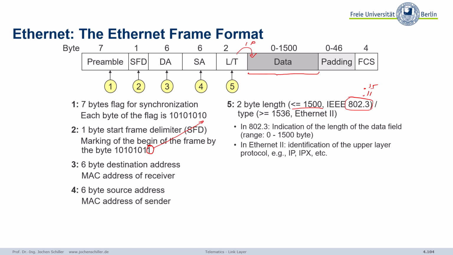What does it mean? And how and why is this done? Well, first of all, the how is quite simple. We use values larger than or equal to 1536. This indicates that this field is now a type field. And the standard then is also called Ethernet 2, driven by industry.